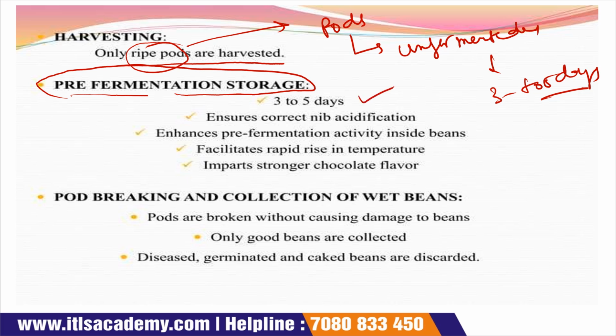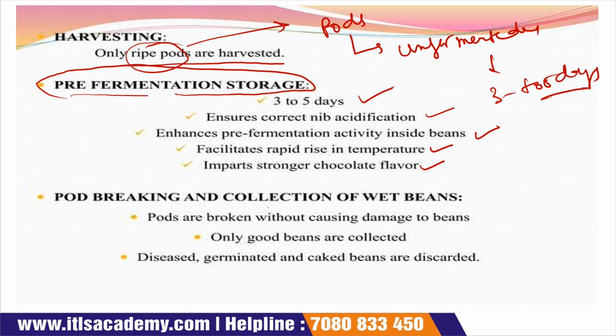Around this we have to ensure correct nib acidification, and we have to enhance the pre-fermentation activity inside the beans, and facilitate rapid rising temperature and impart stronger sugar flavor.